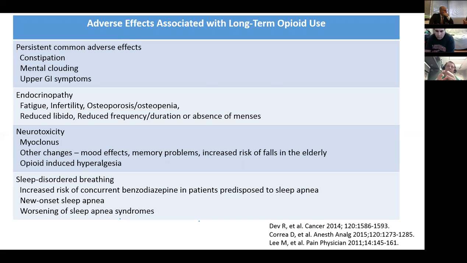So central sleep apnea is certainly a risk factor with chronic opioids. It appears that after 6 months of exposure of greater than 100 milligrams of morphine equivalents per day or more, there's a significant increase in central sleep apnea, particularly when used with concurrent benzodiazepines. This is an issue that we have spent a lot of time trying to sensitize, particularly our medical oncology colleagues, not to be giving out standing doses of benzodiazepines when patients are first seen in the medical oncology clinic.